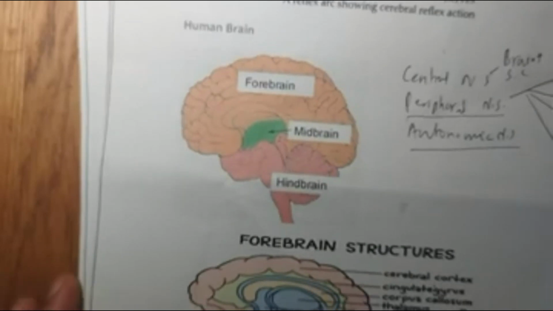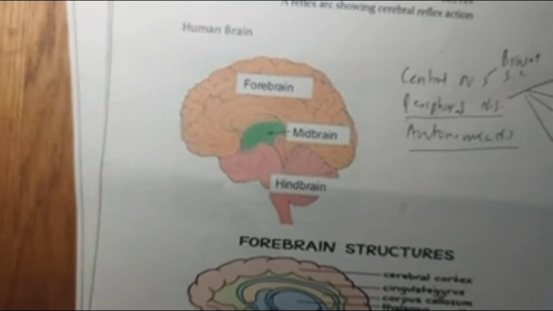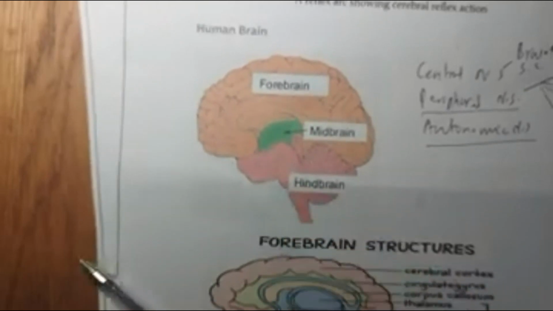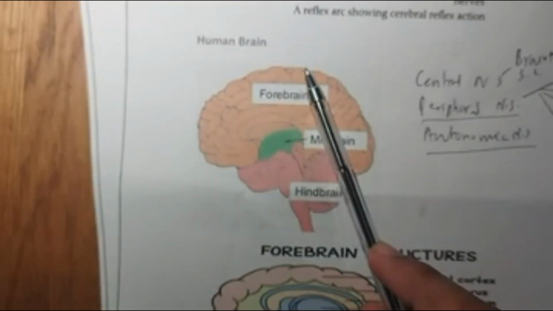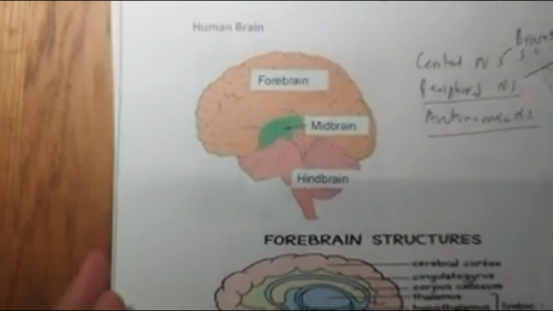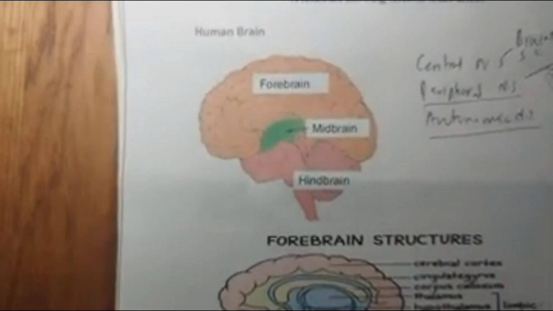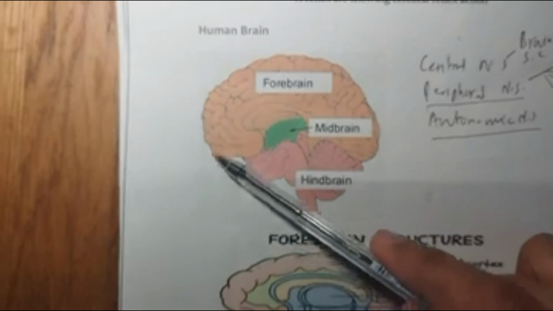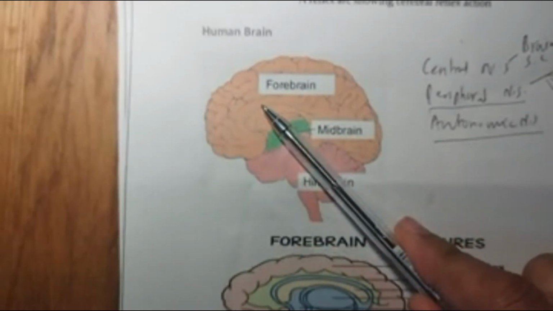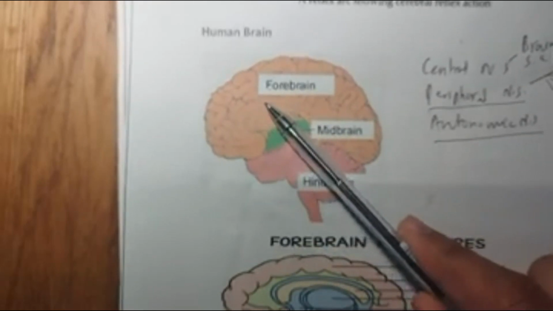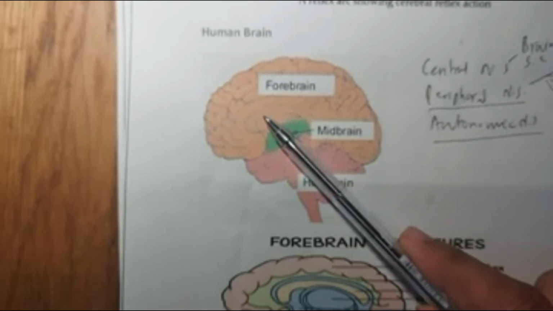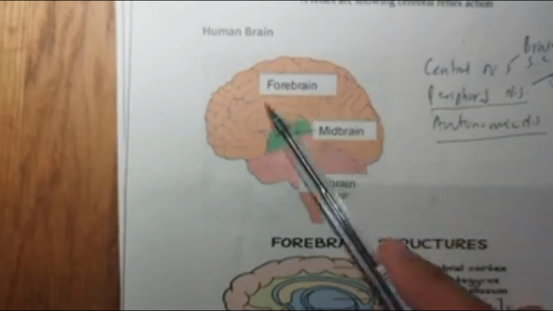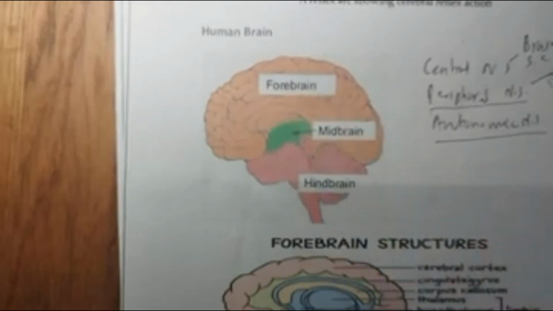Separate areas of the forebrain are specialized for hearing, smell, sight, and so on. There are separate areas of association where the sensory information that comes to the brain is interpreted by putting it together with the information from other receptors and the information that is already stored in the brain.